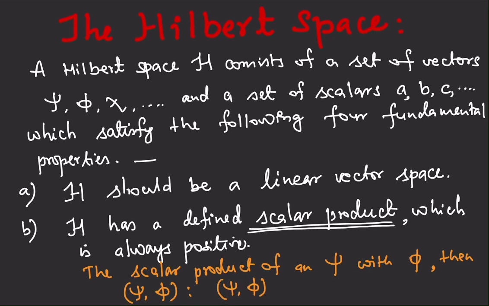This scalar product is always a complex number. So if the two elements psi and phi are there, and we want the scalar product of these two elements, denoted by psi comma phi in brackets, it is always a complex number, obviously a scalar.